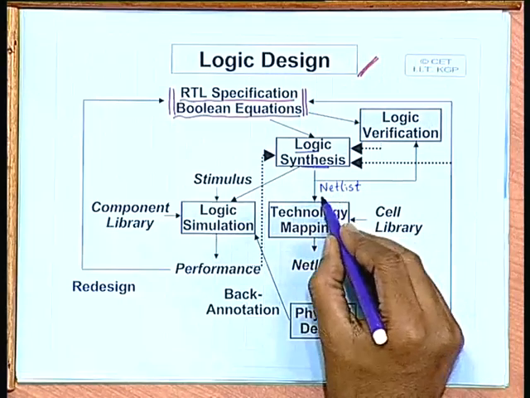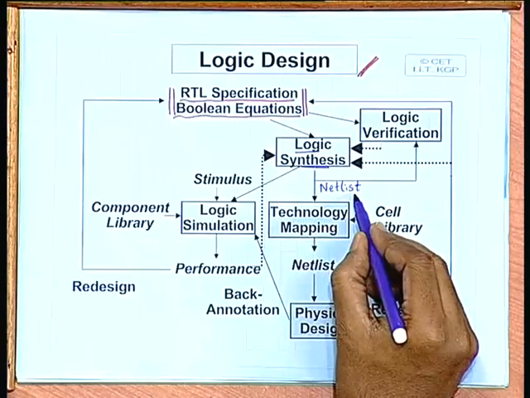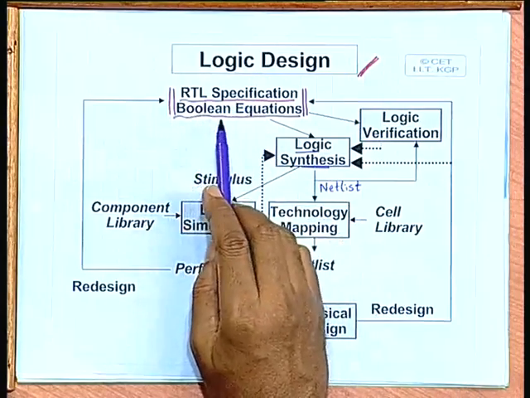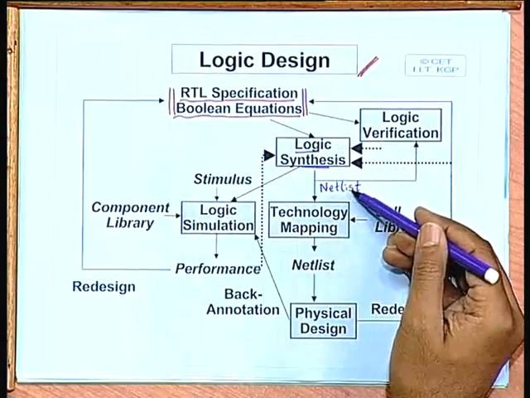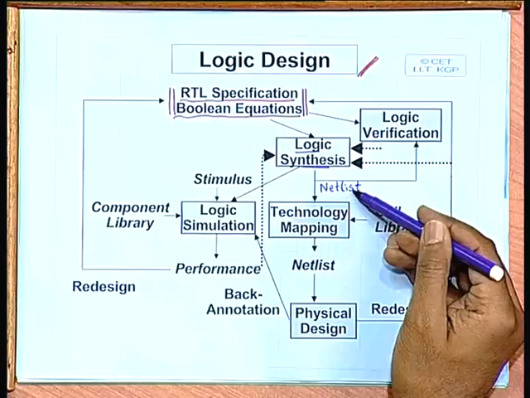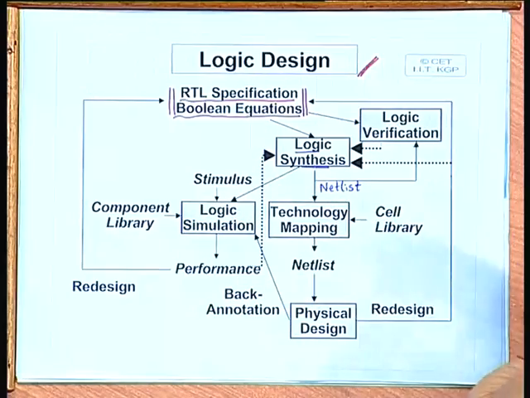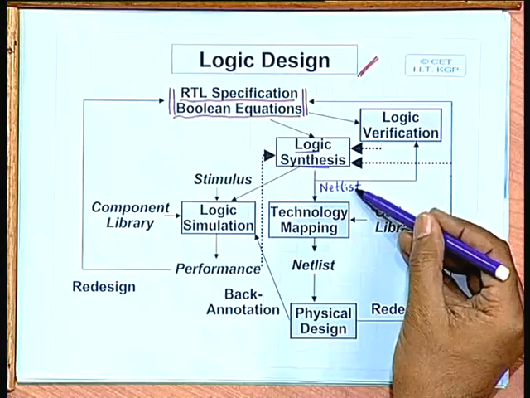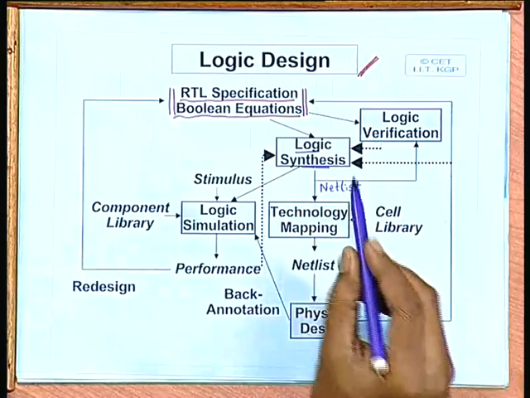Netlist means some basic components and their interconnection. Now, if the specification is in terms of Boolean expressions, then this netlist will consist of gates, possibly flip-flops and their interconnections. If it is RTL level, then this netlist may be ALUs, multiplexers, buses and the way they are interconnected.